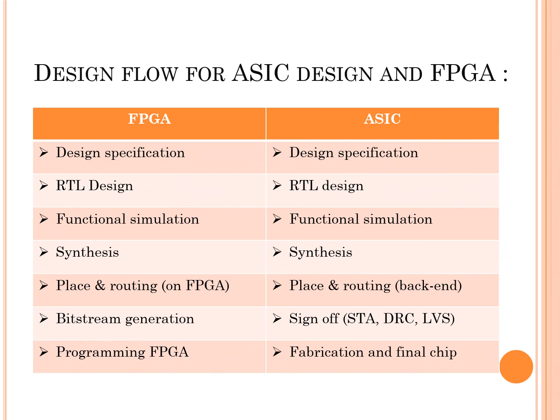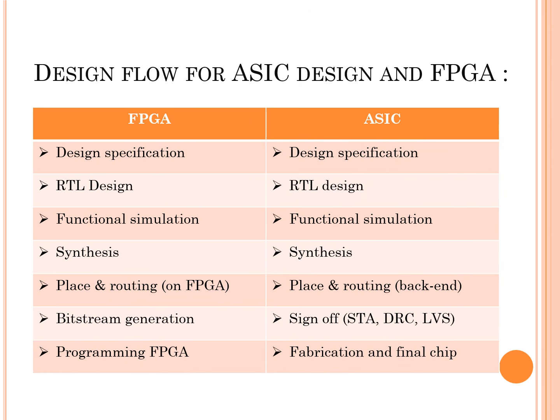Next comes functional simulation, where we test whether our design logic works as expected before any synthesis. After verification, we move to synthesis, which converts the RTL code into a gate-level representation.